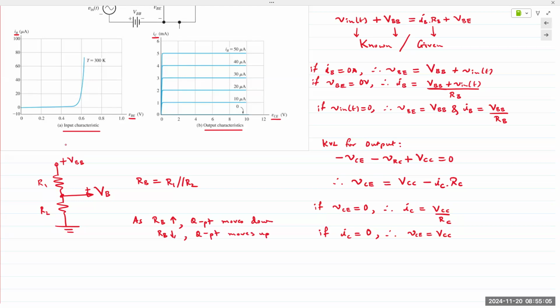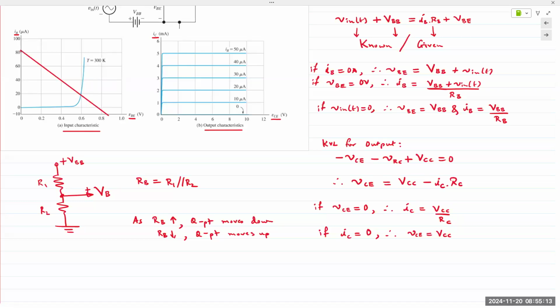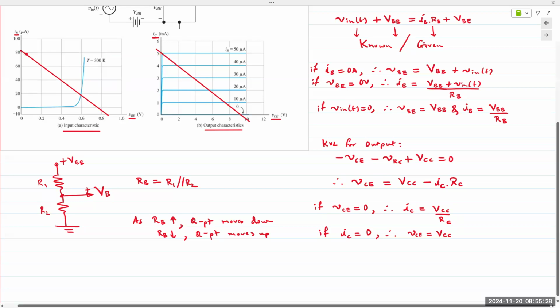So if you're biasing this, let's say we had a line like this, and then a load line, which I'm just drawing randomly right now. If your Q point is up here, and you translate it here, now your Q point is here.